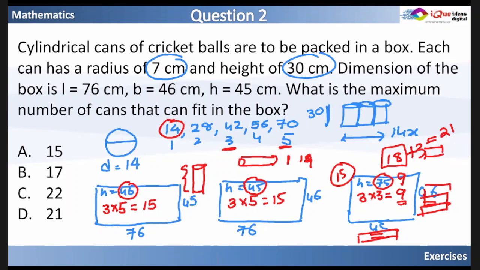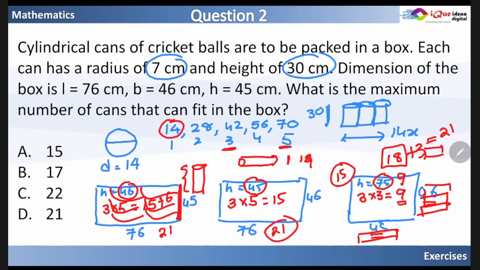Now similarly, in the other case, I have already fit 15. Now if I take a look at it horizontally, I can stack 6 of them, because inside 45 there are 3, and because the length is 70, 3 more, so 15 plus 6, again I can stack 21, and the same idea applies.